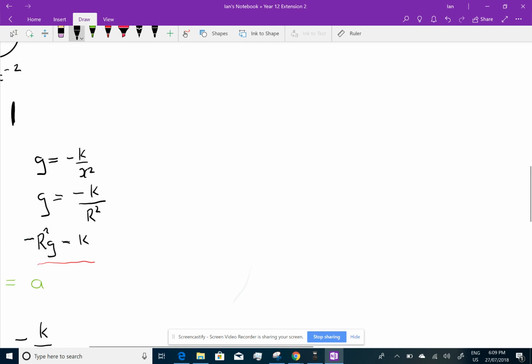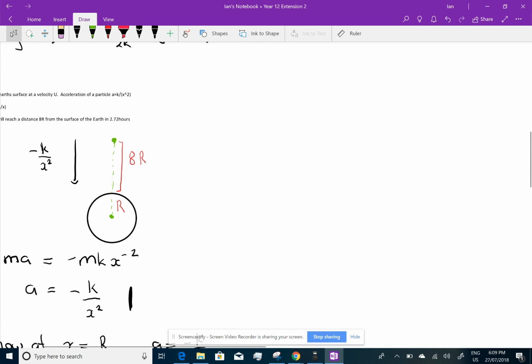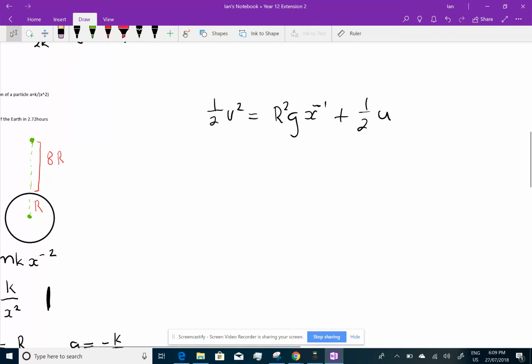So my equation is now a half v squared equals r squared g x to the minus 1 plus a half u, the initial velocity, squared minus rg.